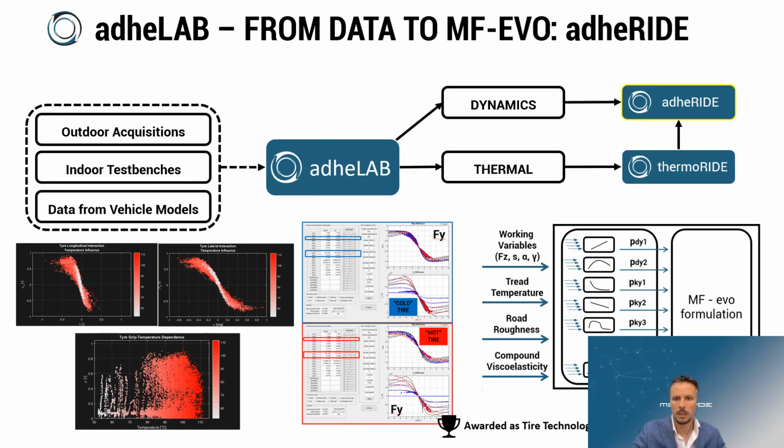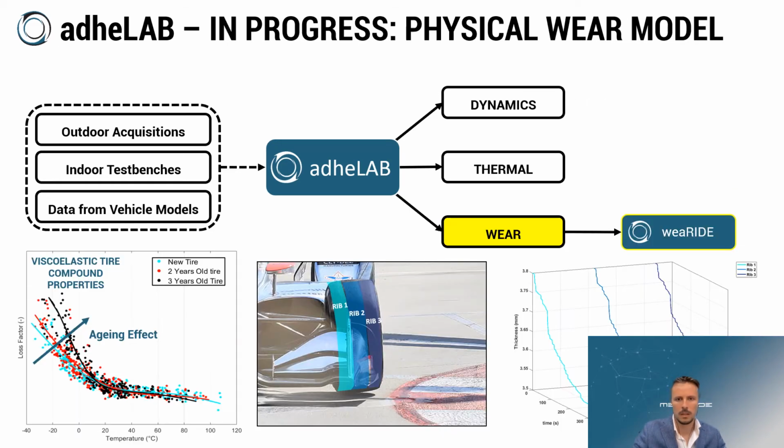Once the thermal model has been calibrated, its output can be used within the adheLAB model, coupling the thermodynamics with the dynamics of the tire and extending its applicability to each condition in terms of temperature and pressure. The final stage involves the wear model, which is calibrated and validated on the outdoor-indoor data once the thickness variations have been collected.